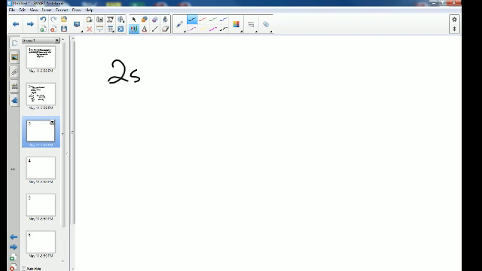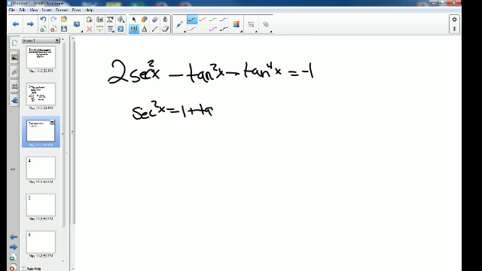So you're going to have 2 secant squared x minus tangent to the 4th x equals negative 1. Then the identity that we have is that secant squared x equals 1 plus tan squared x.